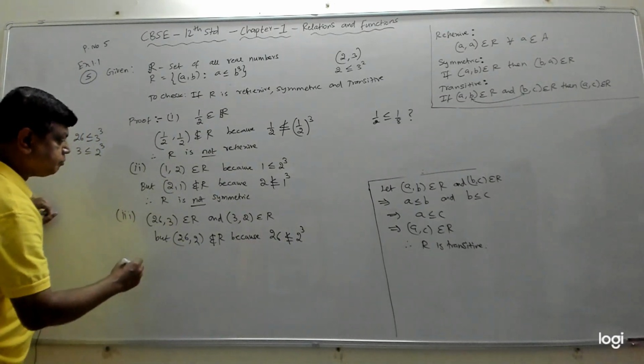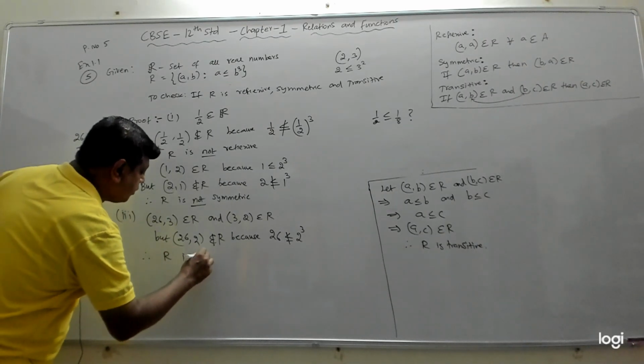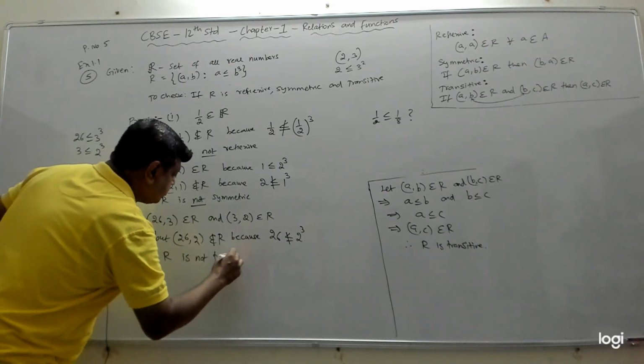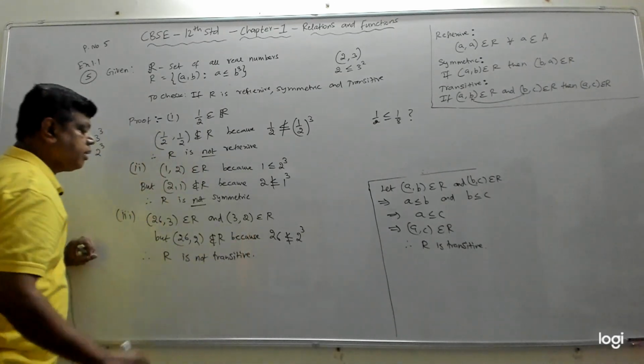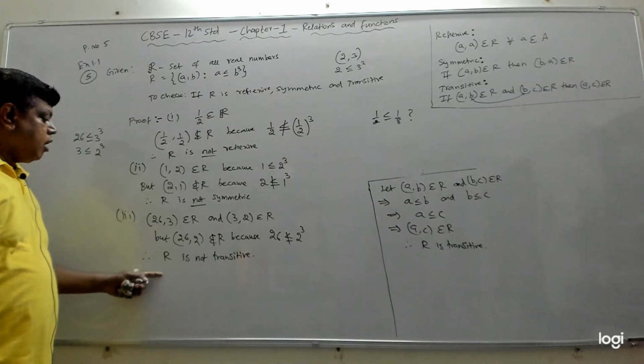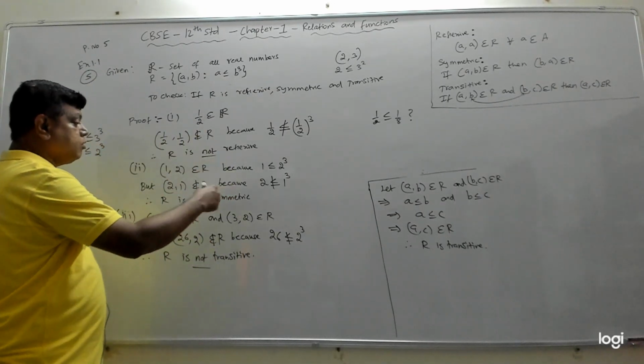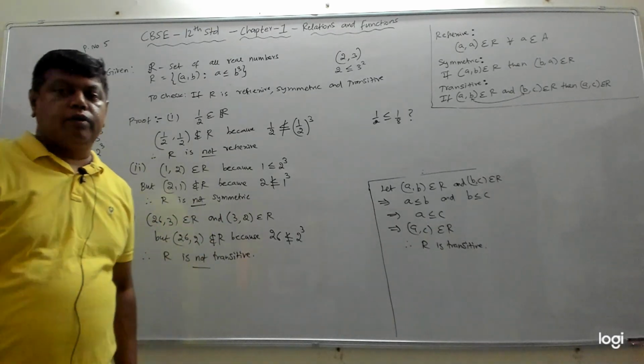Therefore, R is not transitive. Clear? So R is not reflexive, not symmetric and not transitive.